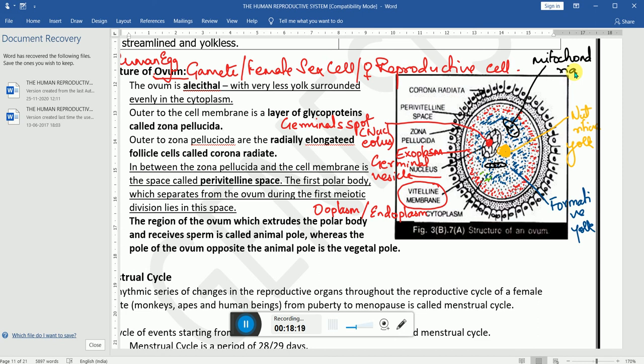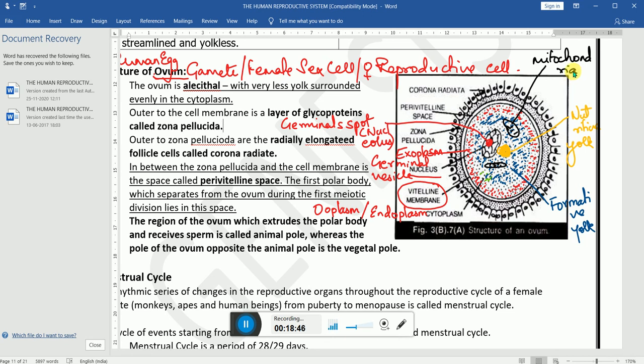Now, we have discussed all the parts that are present inside the Vitelline membrane. Now the parts that are present outside this Vitelline membrane. What are these parts, students? Outside this Vitelline membrane, we have a non-cellular region which is called the zona pellucida.